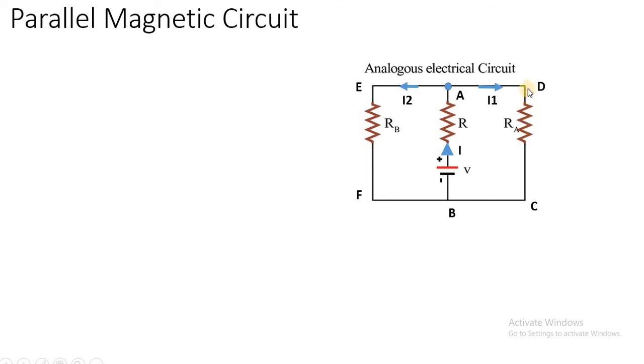Then the DC branch is having the resistance RA, and the current flowing through this RA is I1. Now tell me, the resistance RA and RB are connected in parallel.